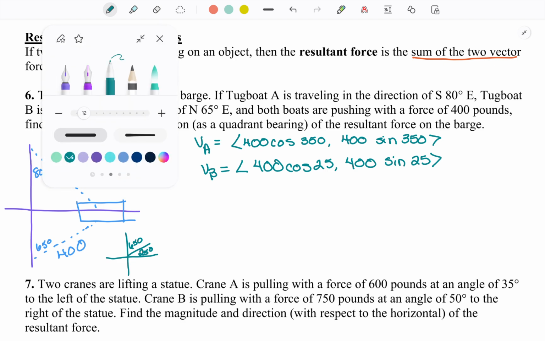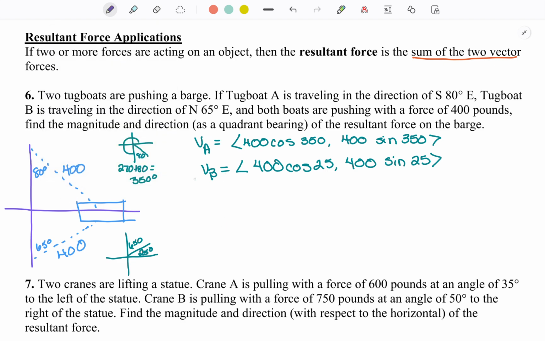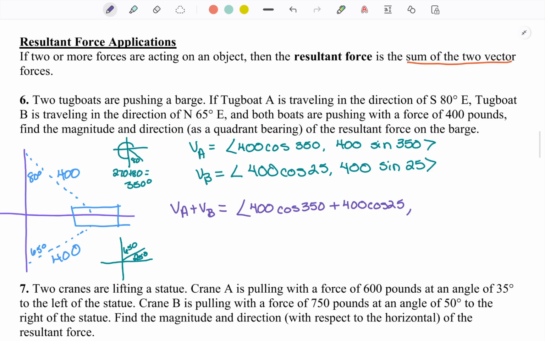So for our resultant force, to add these together, vector A plus vector B, I would take 400 times the cosine of 350 and add 400 times the cosine of 25. And then for my sines, I'm going to do the same thing: 400 times the sine of 350 plus 400 times the sine of 25. And this is what I would actually put in my calculator.